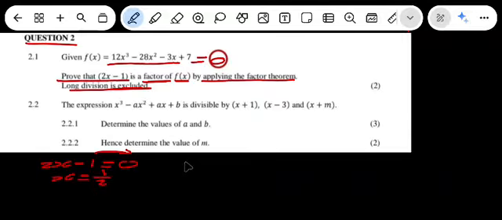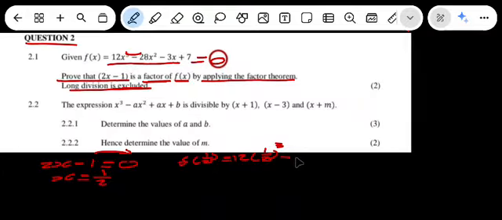Alright, let's check. We want f of x, and we'll substitute it with 1 over 2. Then we have f of 1 over 2 is equal to 12. Where we see x, we replace it with 1 over 2. Obviously we have it cubed, so it will be raised to the power of 3.